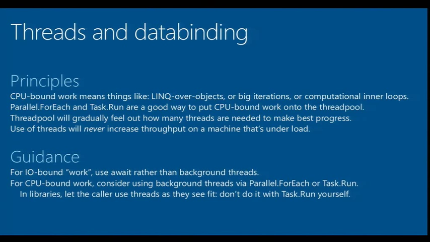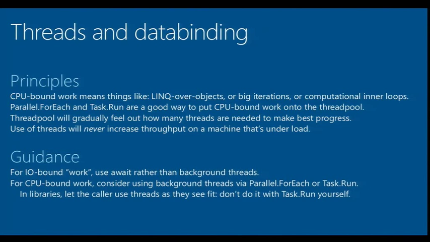But first, let's review what we've said. It's crucially important to understand: are we writing CPU-bound or I/O-bound work? CPU-bound means things like LINQ over objects, big iterations, or compute-bound inner loops. Now, Parallel.ForEach and Task.Run are a good way to put CPU-bound work onto the thread pool. The thread pool will gradually feel out how many threads are needed to make best progress.